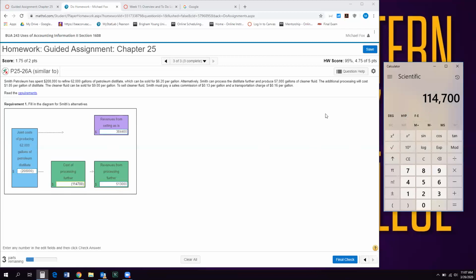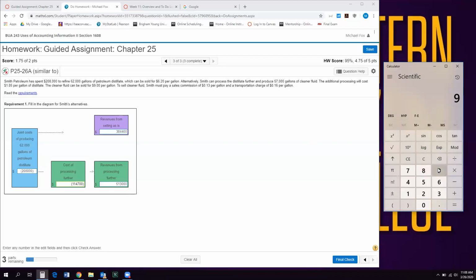And then our revenues from processing further are $9 times 57,000, which is 513,000.